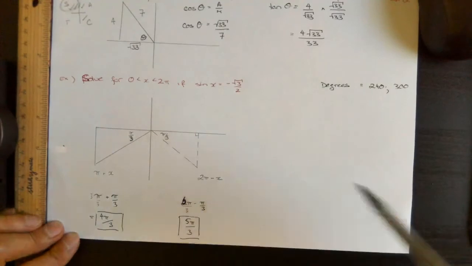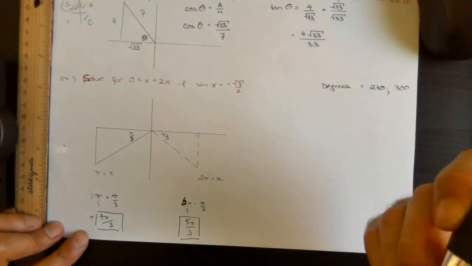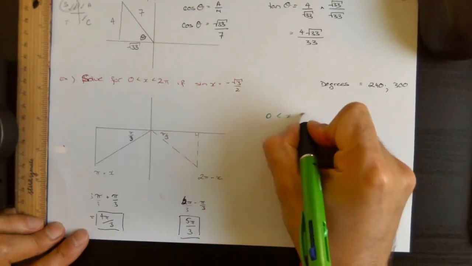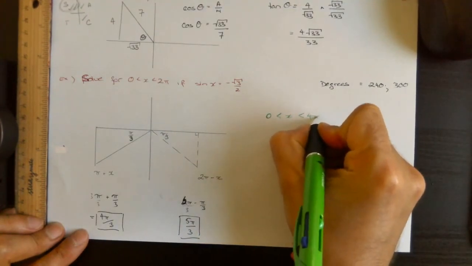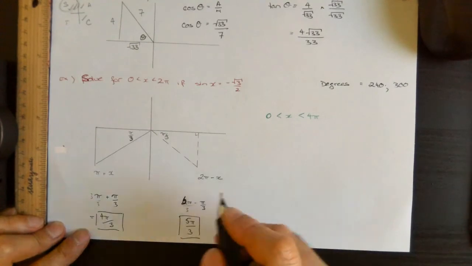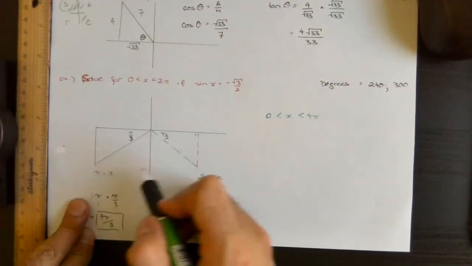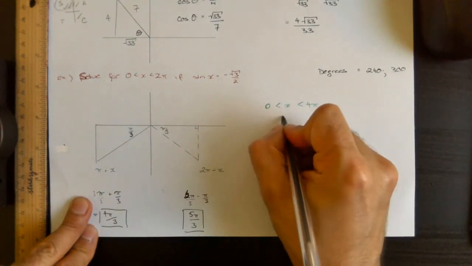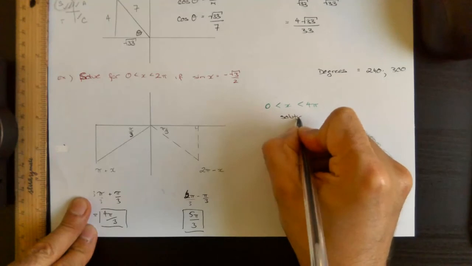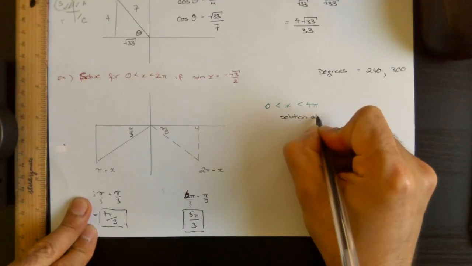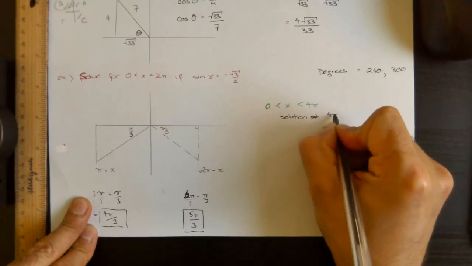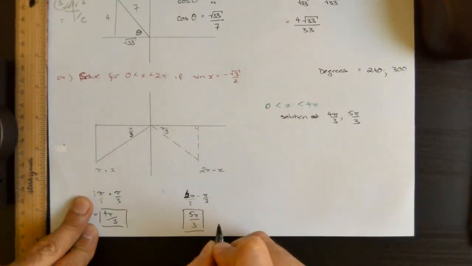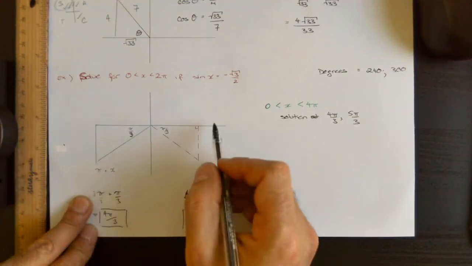Now let's say, as an extension, I was between 0 and 4 pi. That means I've gone 2 revolutions. The solution will still happen at 4 pi on 3 and 5 pi on 3, but then we're doing 2 revolutions, so it's also going to happen here again.